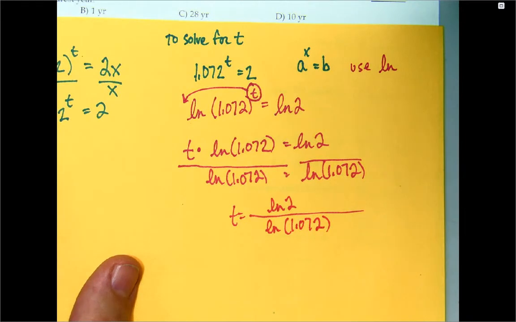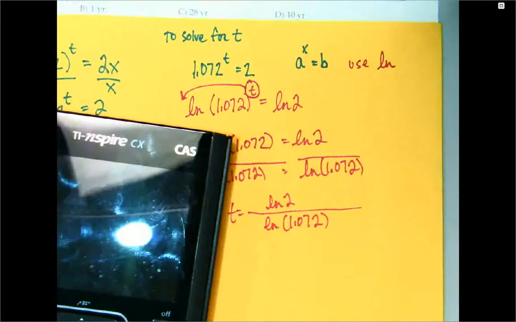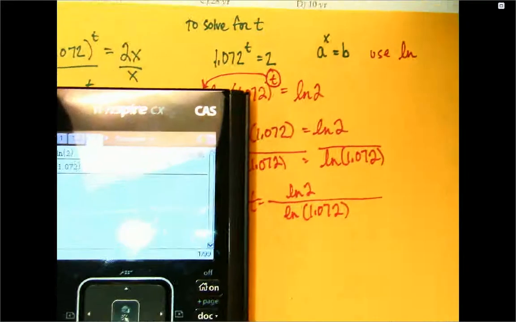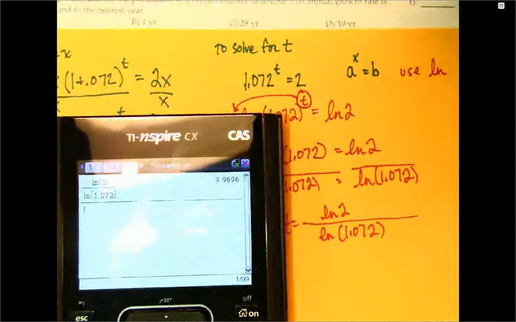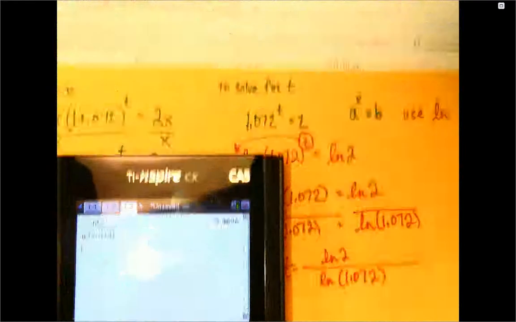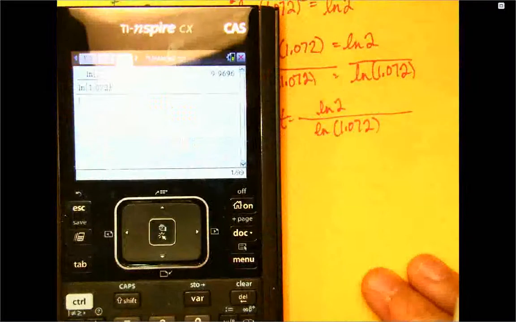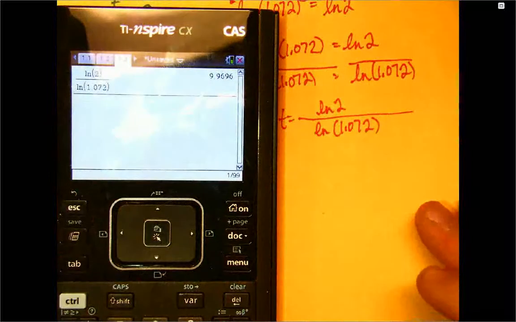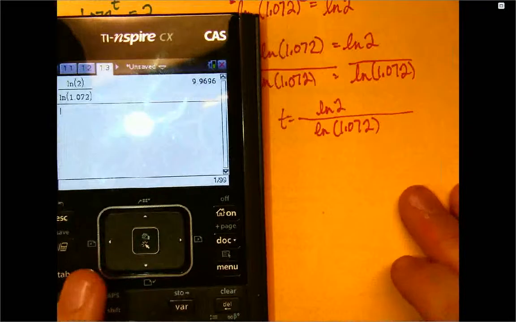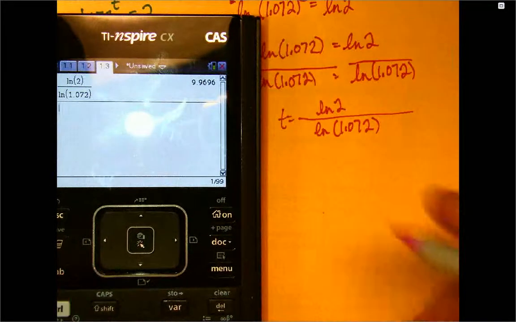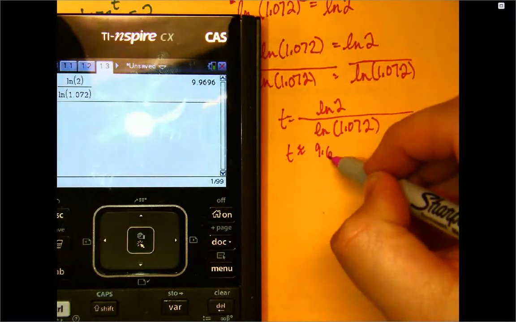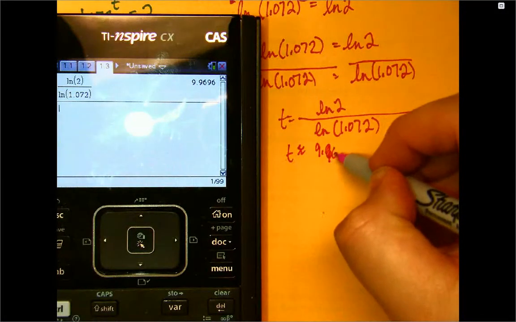So we have our calculator, and I dumped it in the calculator and I got t is going to be 9.969, and then another 6.